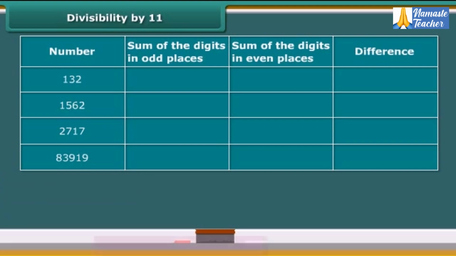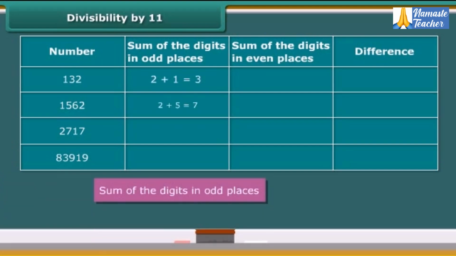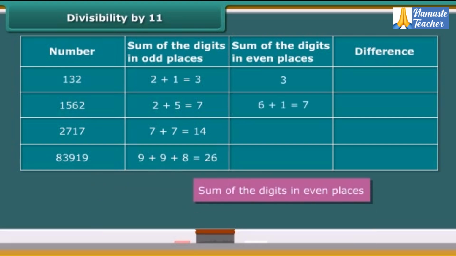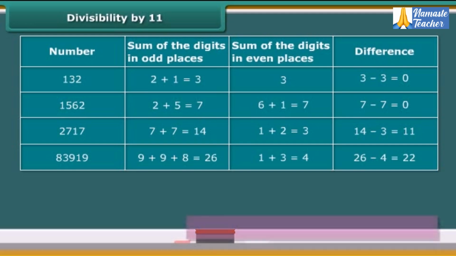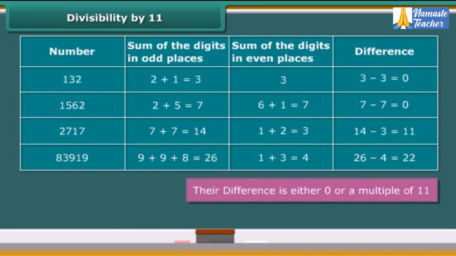Consider the sum of the digits of these numbers in the odd places starting from ones place. Likewise, consider the sum of the remaining digits or the digits in the even places. Compute the difference between the two sums just obtained. The difference is either 0 or a multiple of 11.